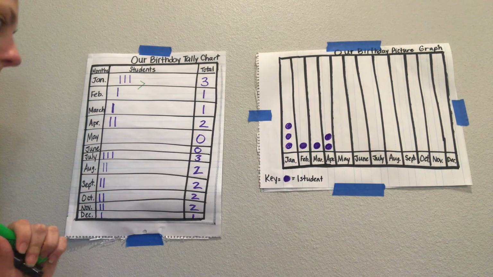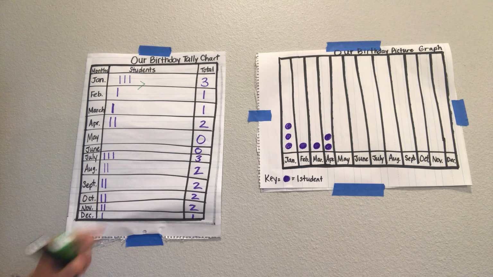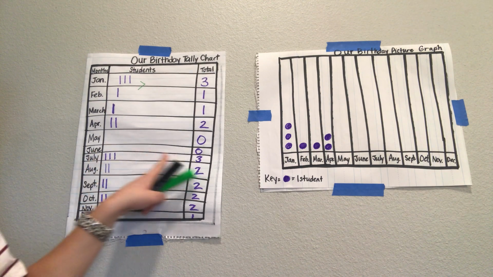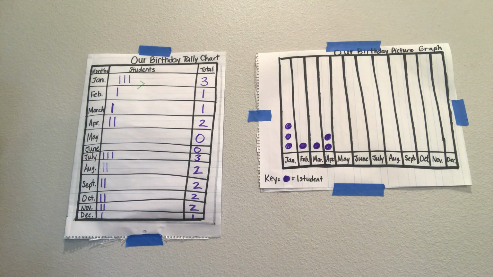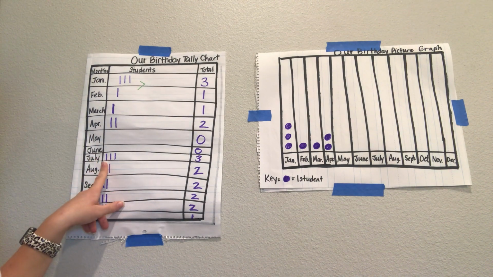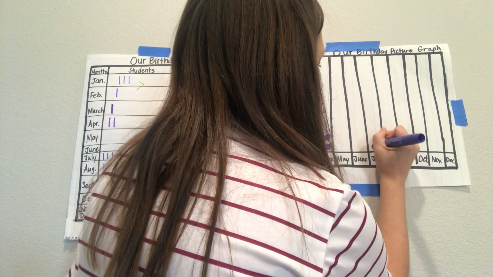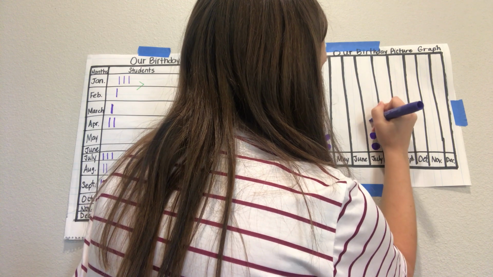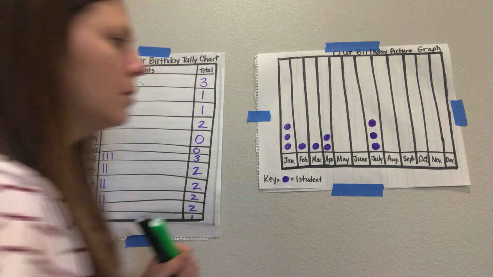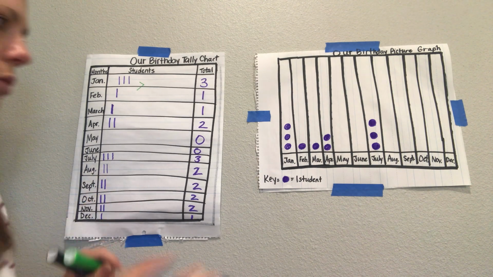All right, for May, there were 0 students, so we will leave that one blank. For June, there were 0 students, so we will not put a picture there because there were no birthdays. July had how many birthdays? 3 for July. For August, we had 2.